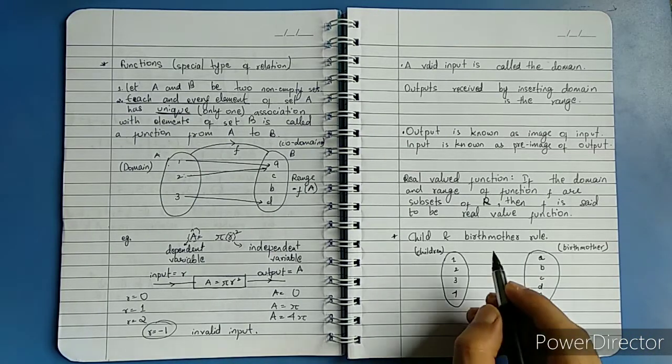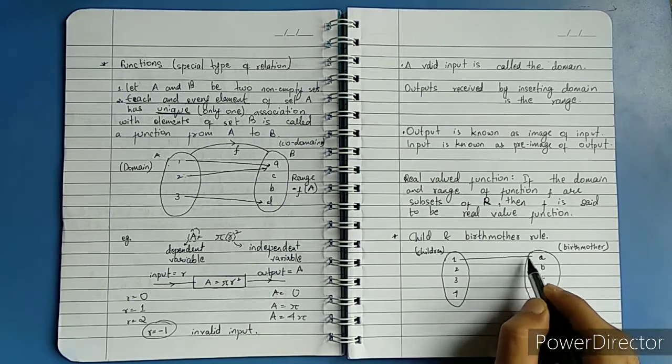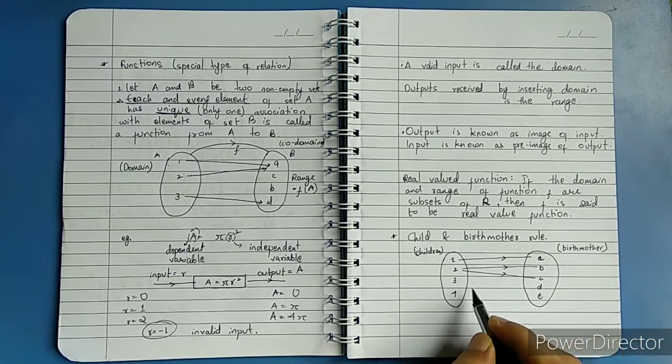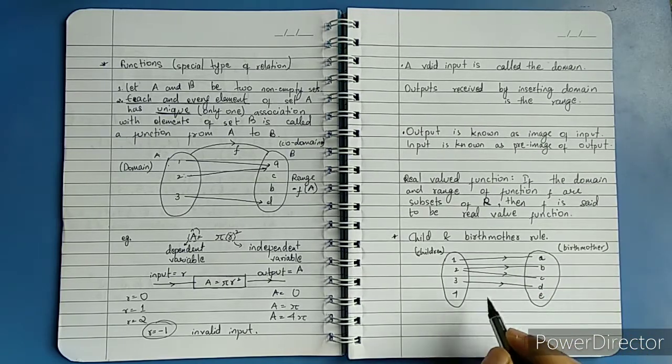Now if I say 1 is associated with A, 2 is associated with C, 2 is also associated with B, 3 is associated with D and 4 is not associated at all.